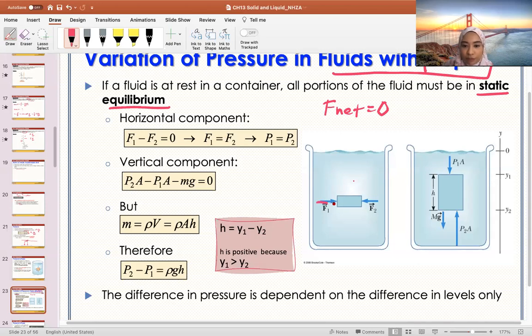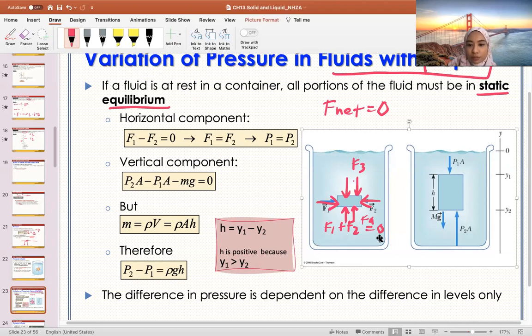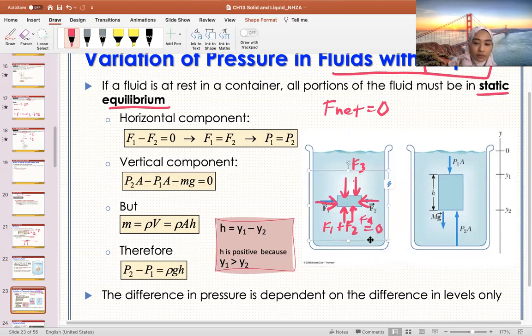It means that the force applied from this side to this side, F1 plus F2, must be equal to 0. Force applied on this side and this side, let's say this is F3, this is F4. So F3 plus F4 must also be equal to 0.